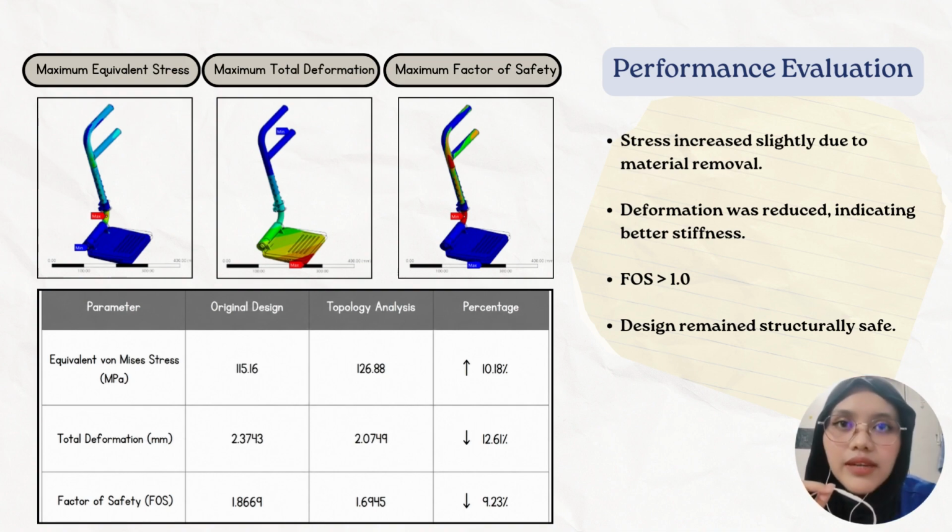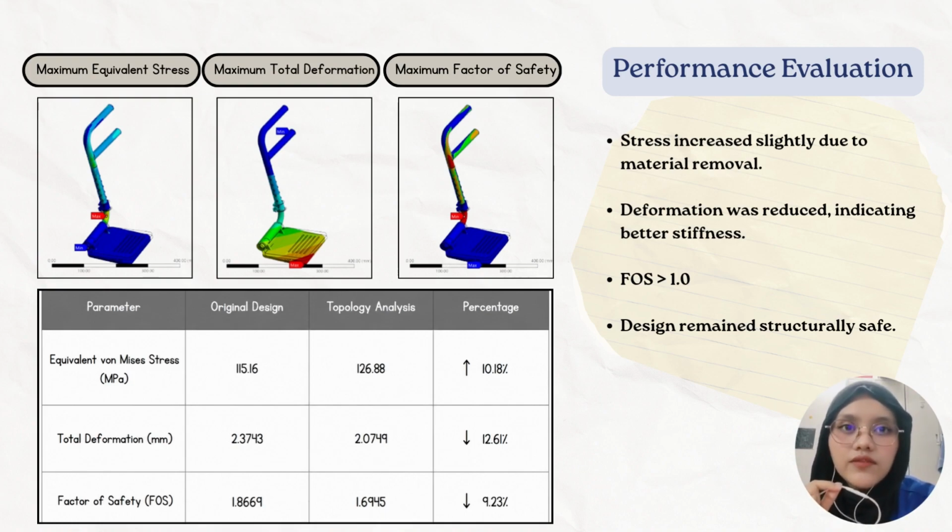The equivalent von Mises stress increased slightly from 115.16 MPa to 126.88 MPa, which is a 10.18% increase, but it remains within the material's safe operating limit. At the same time, the total deformation decreased from 2.37 mm to 2.07 mm, representing a 12.61% improvement in stiffness.